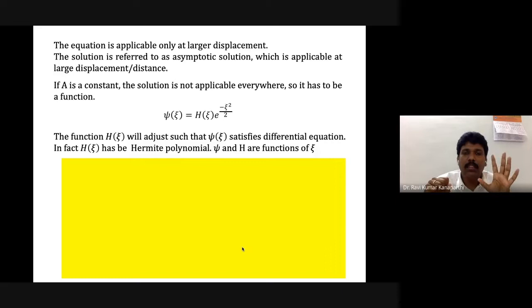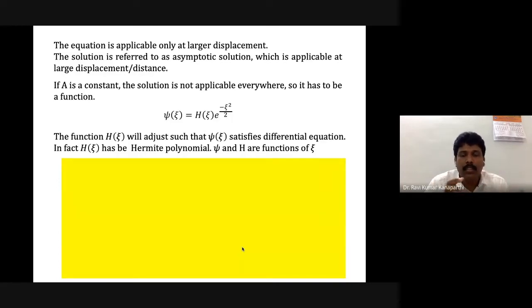Now, this h of z, if it is a mathematical function and it is adjusting the function values, then the total product is going to be the solution. So h of z should adjust based on the value of z.